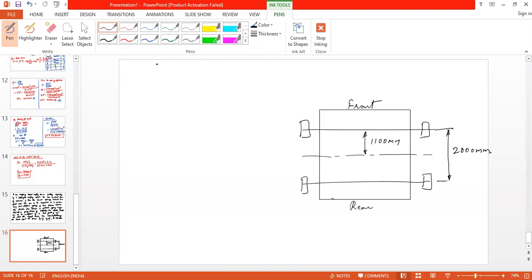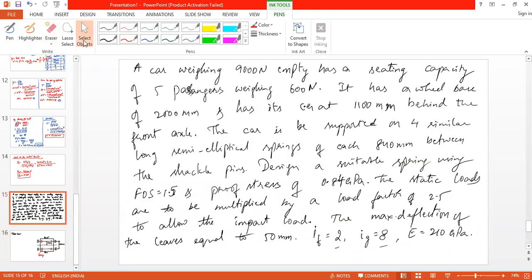Okay. So what is the load? Total load. What is the total load on the frame? Here we have the 600 Newton, sir. Here we have 4 springs. So what is the total load? No. Here, the car weighs 9,000 Newton, and it has a seating capacity of 5 passengers with 600 Newton each.